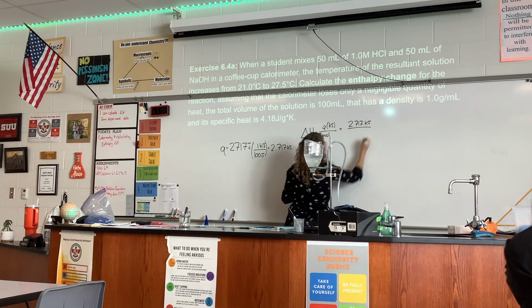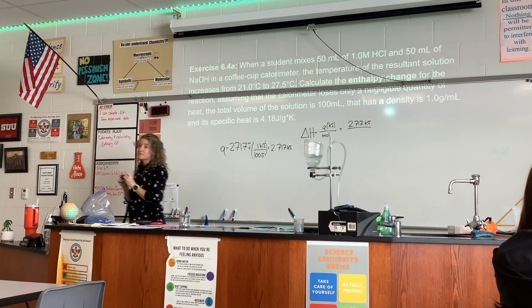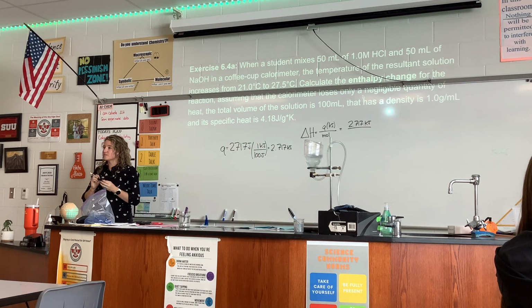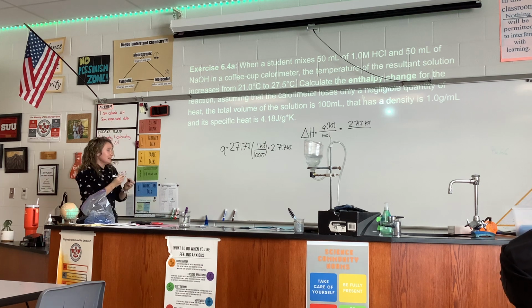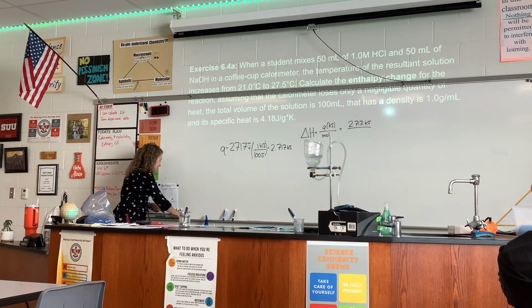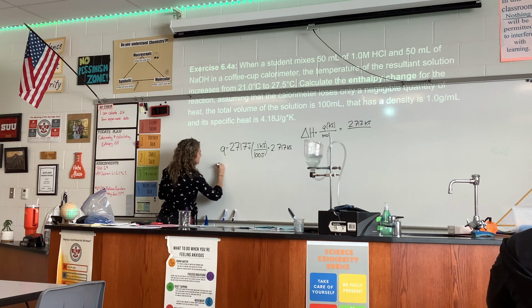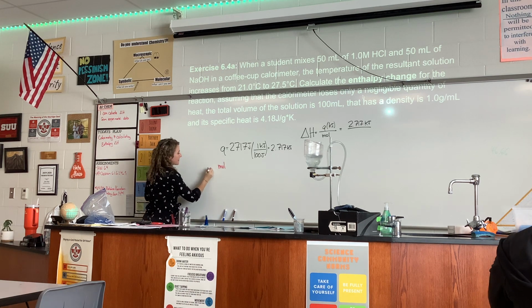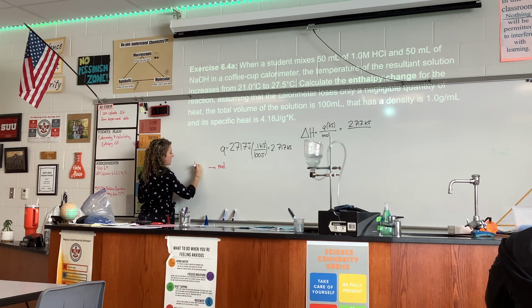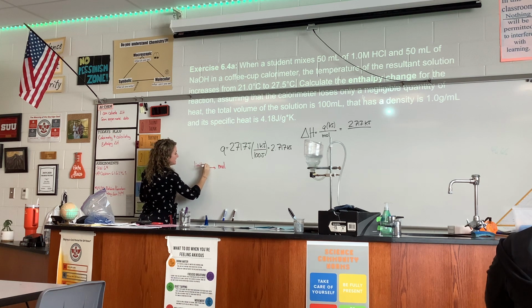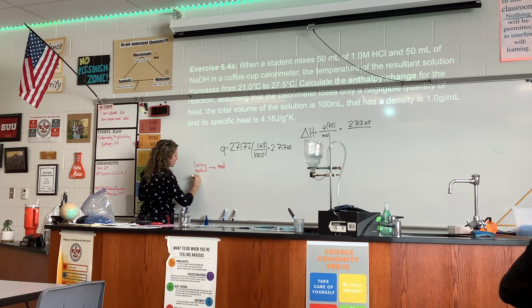Kilojoules. Now the bottom is we need to find the moles from the reaction. The difference here is when you're finding moles, it should be based on the limiting reactant. So it's not total.